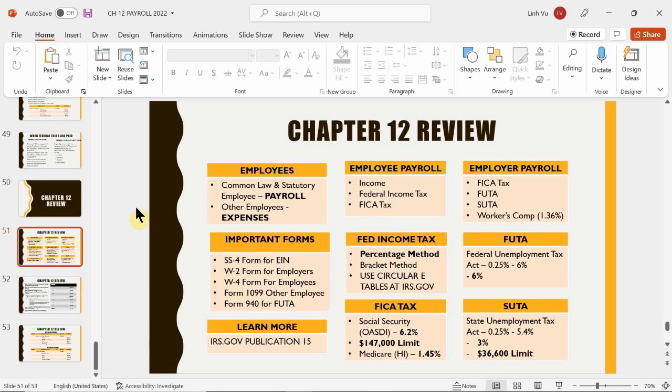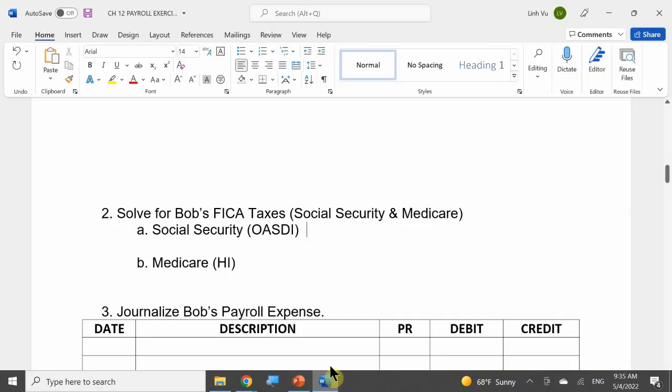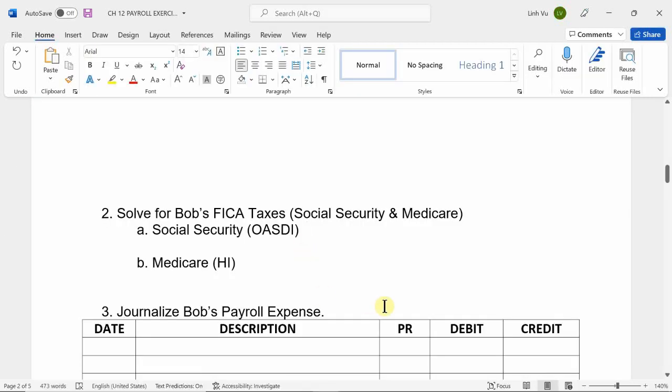Okay, the Social Security is going to be 6.2%, and it's going to be based on the gross pay. In this case, Bob has earned $1,404. So you're going to multiply this by 6.2%. So how much Social Security is Bob going to pay into?